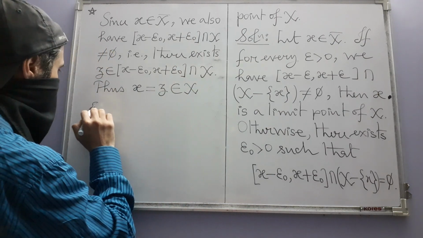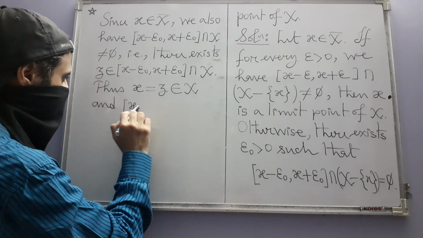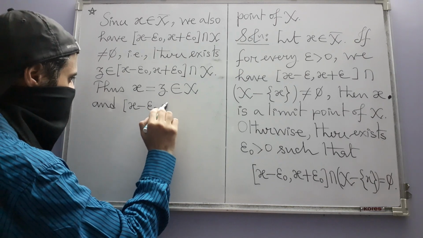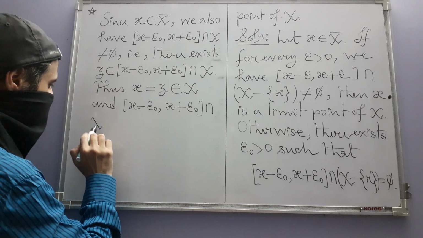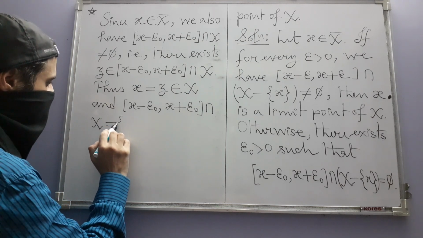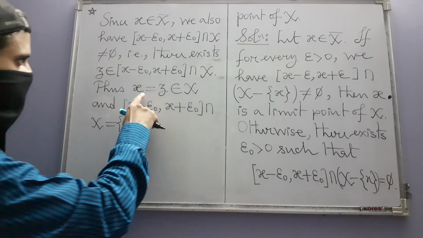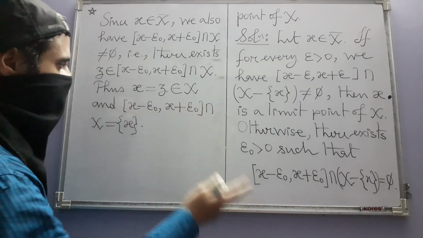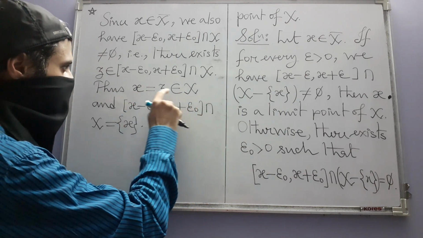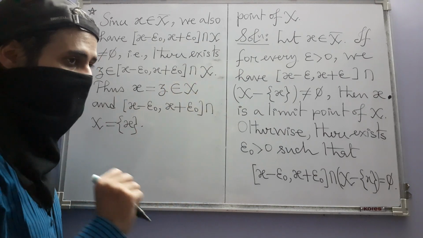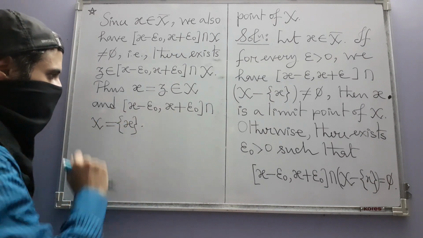and this intersection is in fact this. Why I wrote this separately, you need not write, but it just simply emphasizes the fact that x is now an element of capital X as well, and at the same time this intersection is this singleton set.